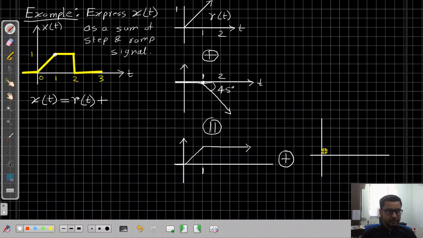It will be 0 from minus infinity up to the point t equal to 2. After this point, it should go down and become equal to minus 1. So if I add this signal with this signal, then the result will be as follows.